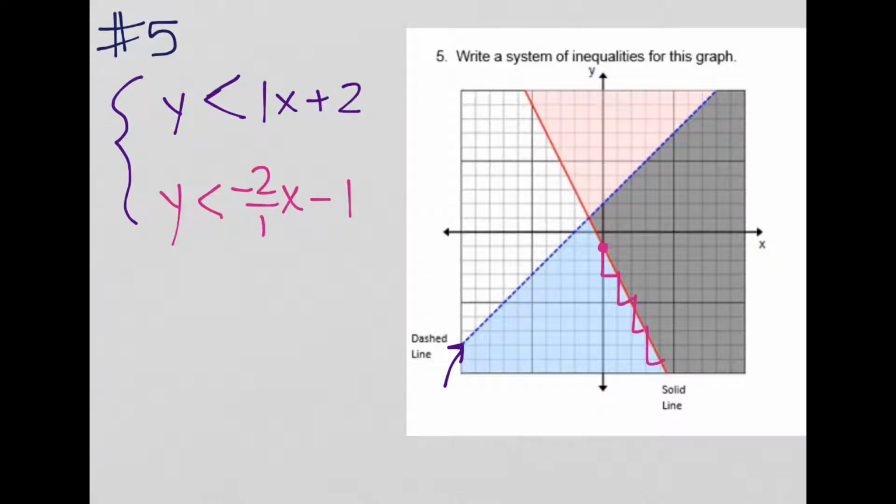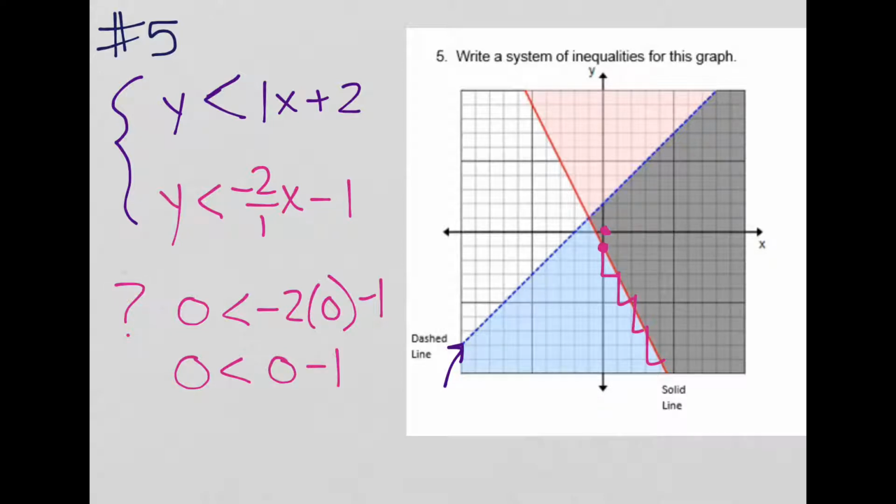So let's just guess less than again. And now let's test a point. Can we test 0, 0? Yes, we can, because it's not on the line. So I'm going to plug in and I'm going to ask, is 0 less than negative 2 times 0 minus 1? Is 0 less than 0 minus 1? No. 0 is actually bigger than negative 1.